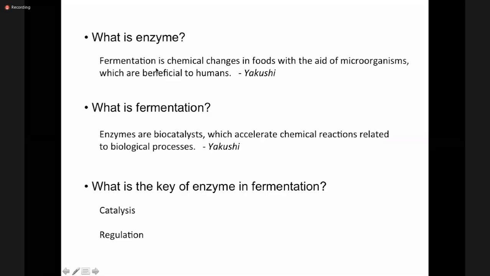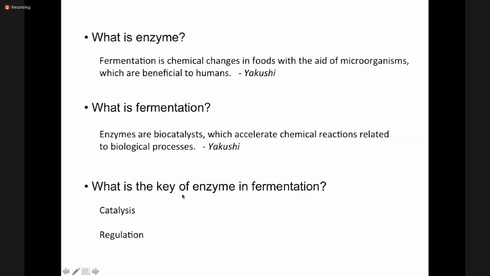Fermentation is chemical changes in foods with the aid of microorganisms. That's a kind of important factor of fermentation, with the aid of microorganisms which are beneficial to humans. This is fermentation. And second is, what is enzyme? So enzyme is biocatalysis, which accelerates chemical reactions related to biological processes. This is an enzyme.